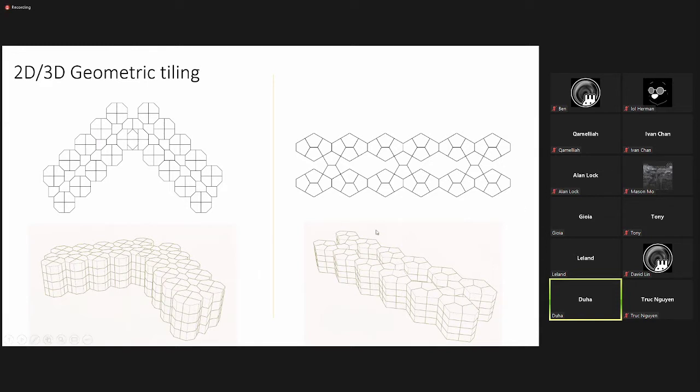The first one I started studying was pentagons. As you can see here in the first one, this was one of the first trials. You can clearly see that there is a problem with the connectivity between the units. For example, if we say this is the housing unit, it can have 4 rooms.